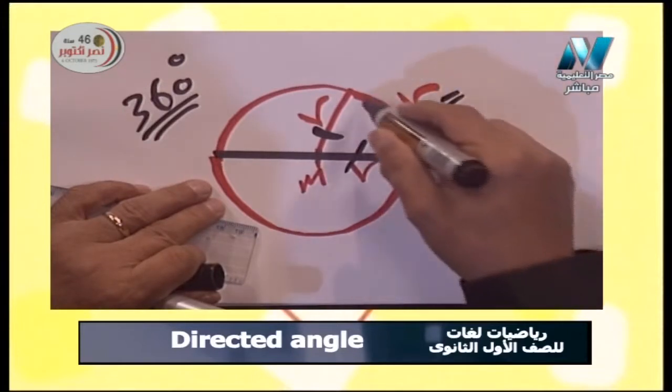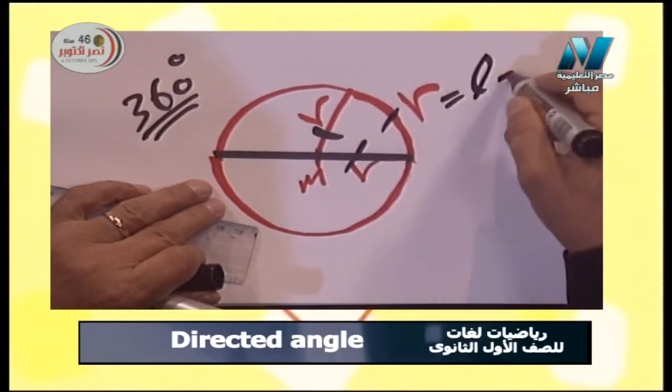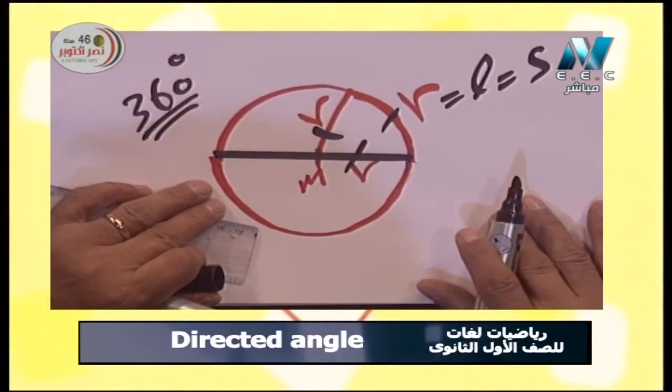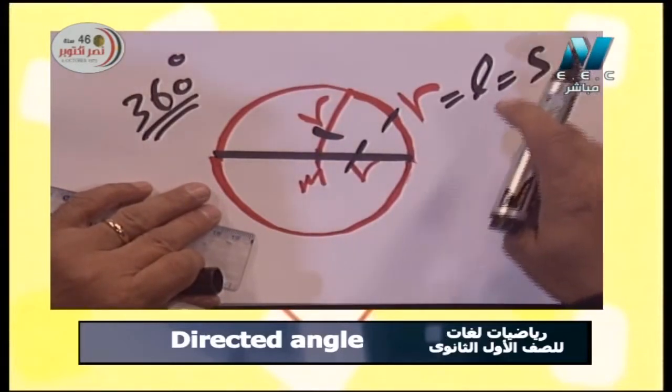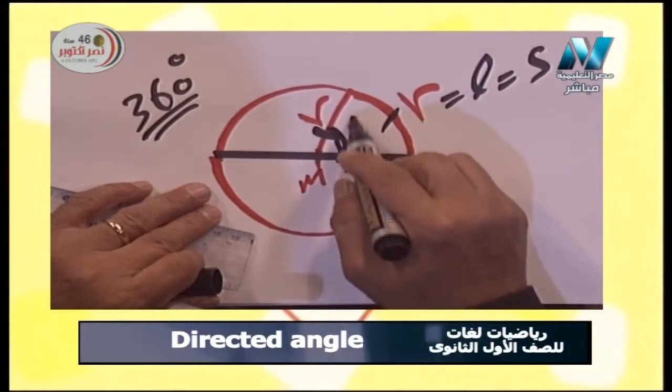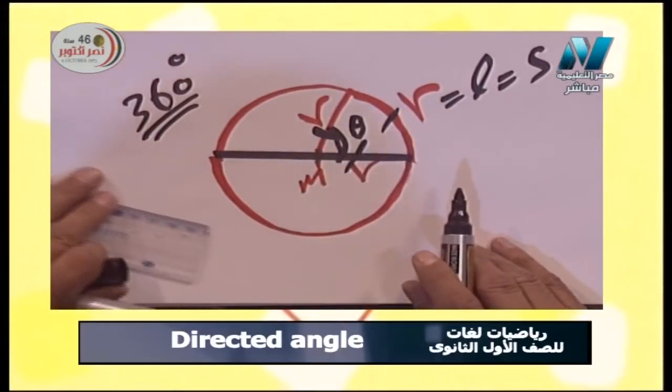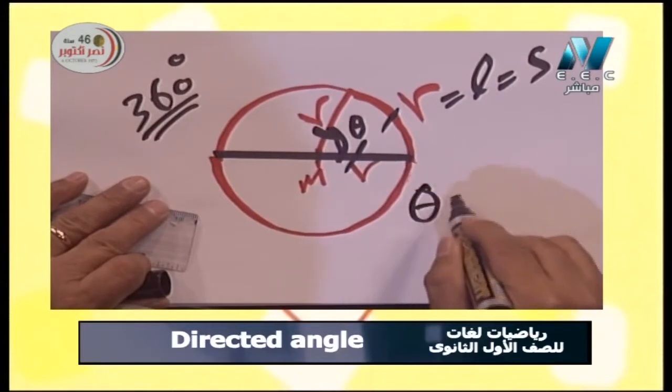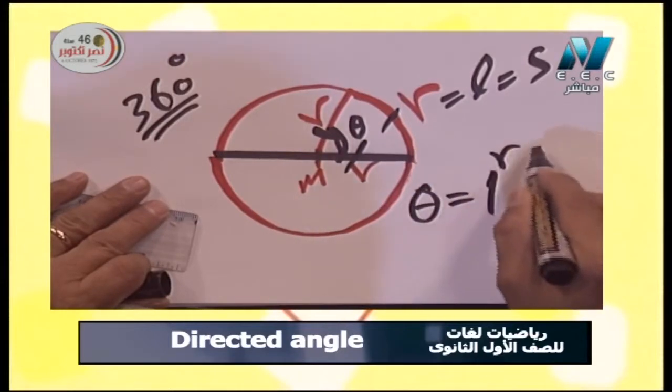We call this arc L or S. So S equals L equals r. Then this angle we call theta in rad. Theta here equals 1 rad.